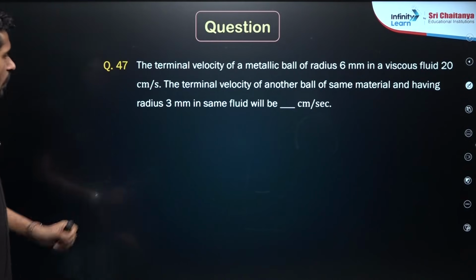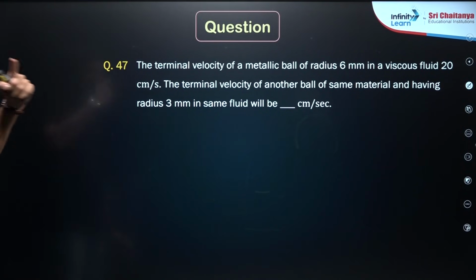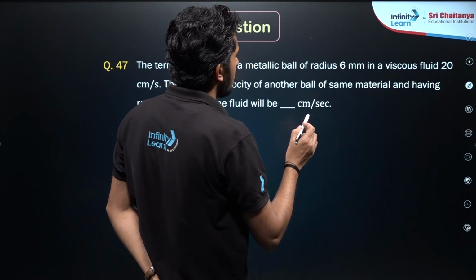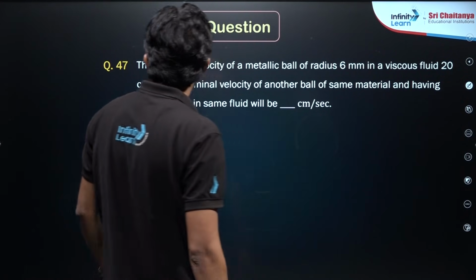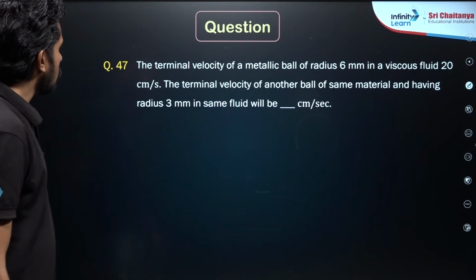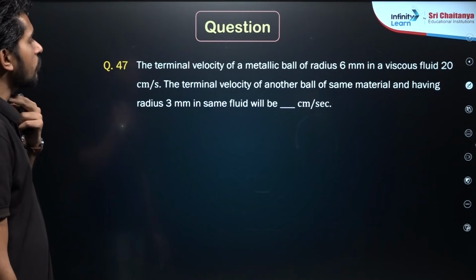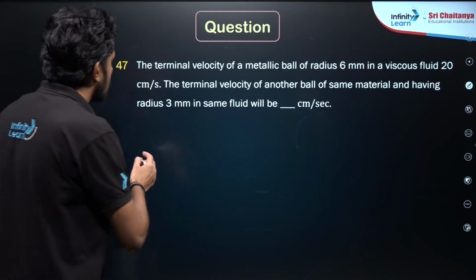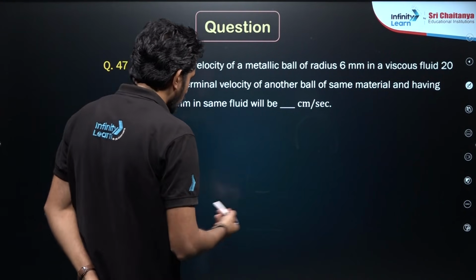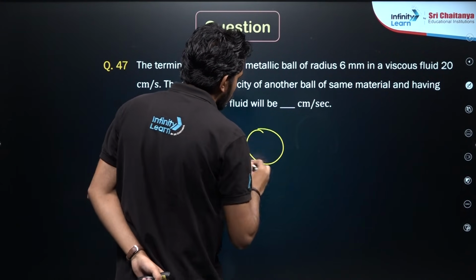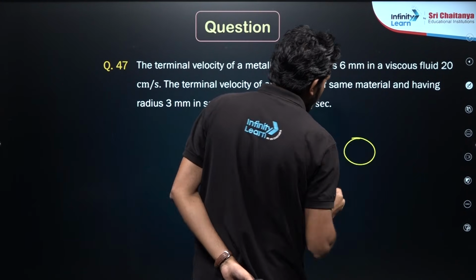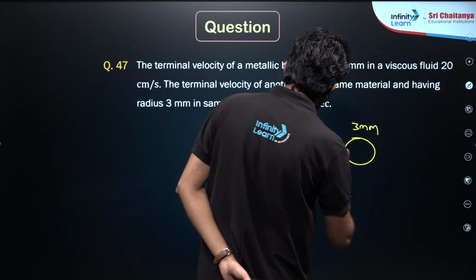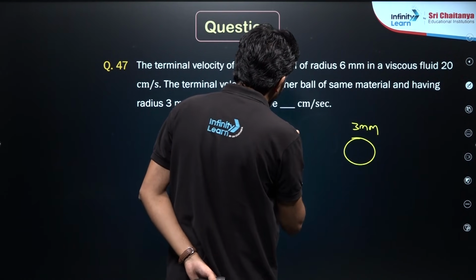Okay. Now, the terminal velocity of a metallic ball of radius 6 mm in a viscous fluid is 20 centimeter per second. The terminal velocity of another ball of the same material and having radius 3 mm is? Okay, so basically we have these two balls, 3 mm radius and 6 mm radius.